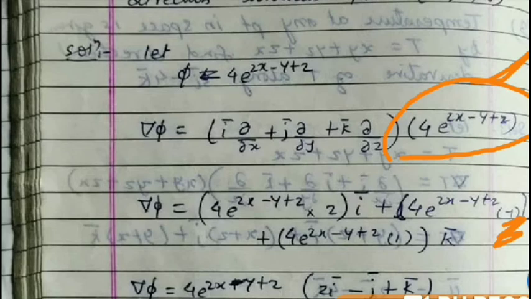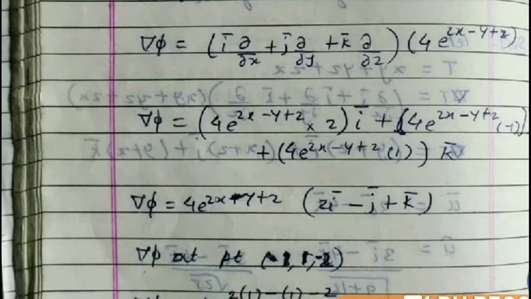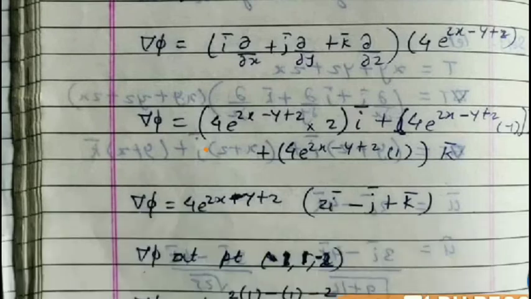Next, with respect to z it is 4 e to the power 2x minus y plus z into 1. Simplify it: take common 4 e to the power 2x minus y plus z, and the remaining term is 2i minus j plus k.